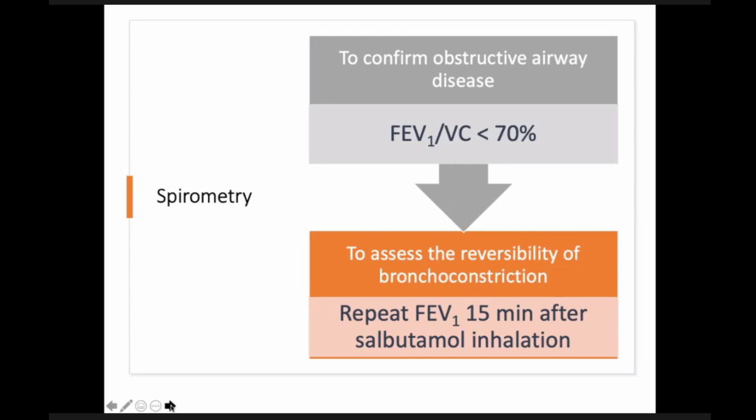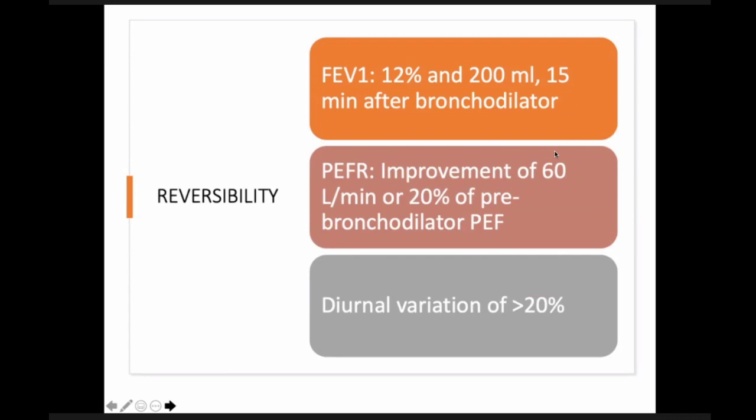If there is an improvement in the FEV1 after the bronchodilator, then we know that there is reversibility. There are certain criteria to define the reversibility. Don't worry about that. Just know the principle, not the exact numbers.